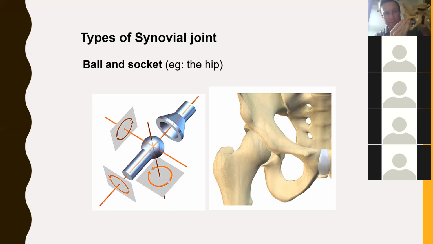So on that picture in the bottom right, what you can see is that ball-shaped femur fitting into that round socket. So if you see in that hip, the femur kind of fits almost, the socket's almost around it.